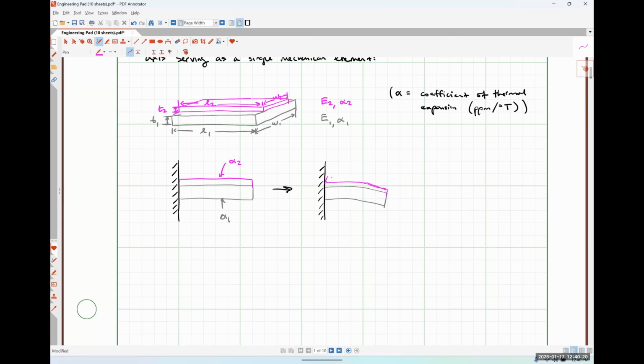Where this length from here to here, I'm going to call this L2 prime.